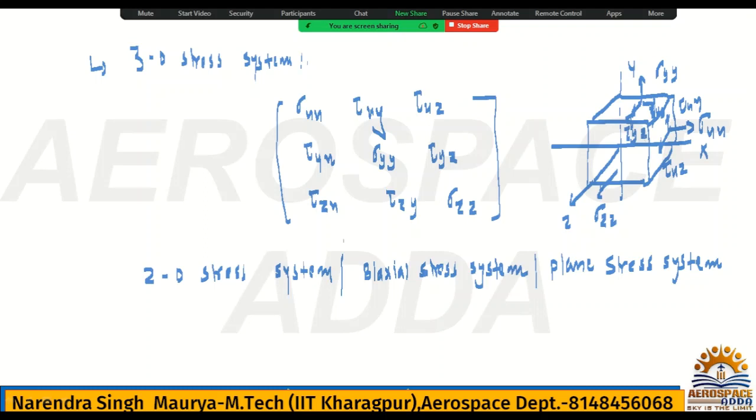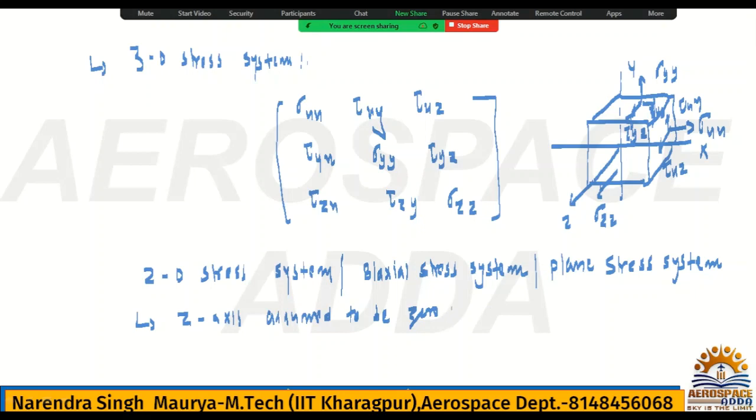Now if you talk about the 2D stress system, at that time you can assume the z axis to be 0. That is also called the plane stress system.